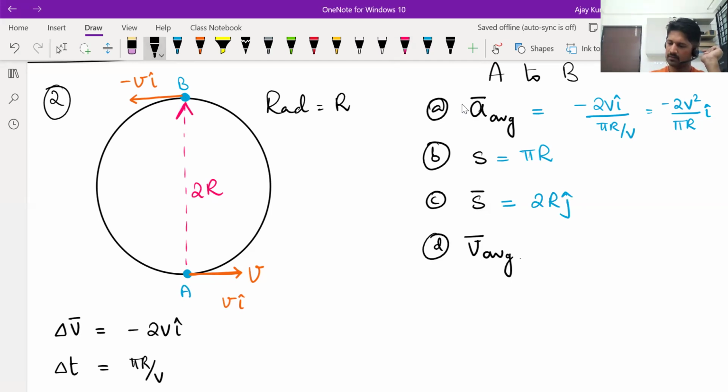Right. Next, average velocity. Any answer? That also, there should be an answer. This is not negotiable. Pawan, what is the answer for average velocity? Sir, 2v by pi. Okay, how did you calculate that? And see, average velocity also will be a vector quantity. You didn't say the direction.